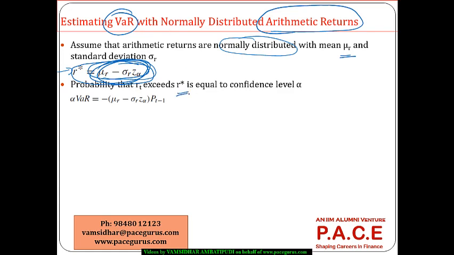I'll find out this particular R wherein all the returns that are more than that correspond to the confidence level of 95%, which means only 5% of the values are below it. I'll try to find out this cutoff R, which I call R star, where 95% of the values will be above it. So this is what I'll try to find out.